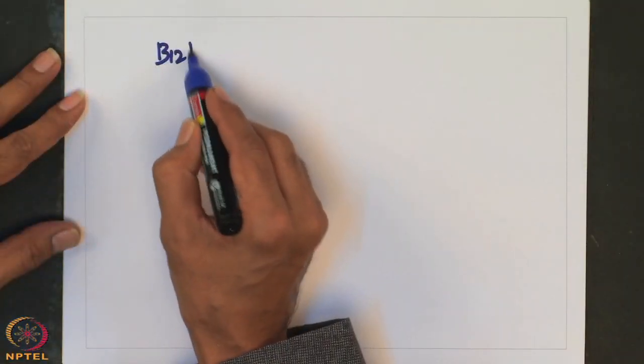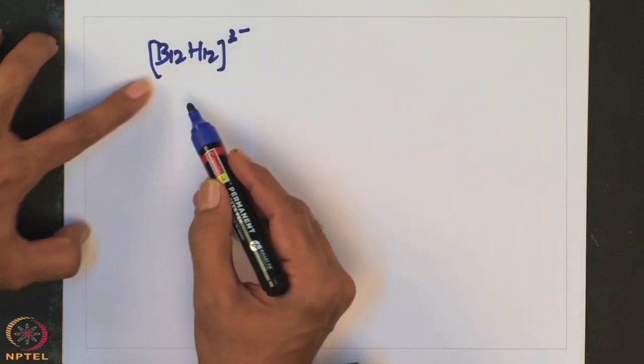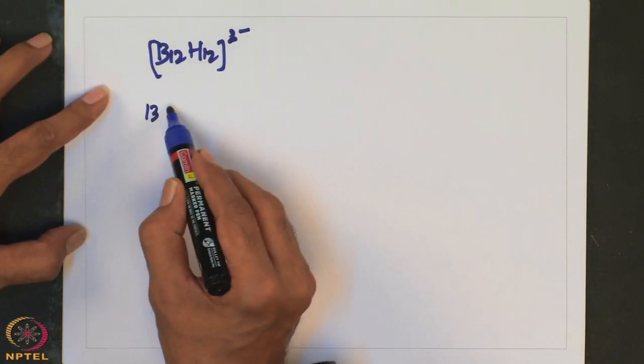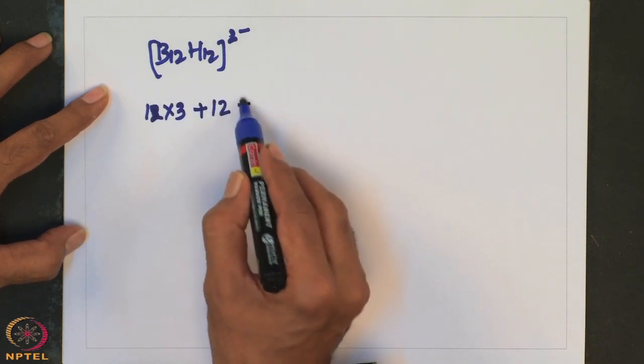Similarly, let me look into B12H12 2 minus. So, 12 into 3 plus 12 plus 2 charge.